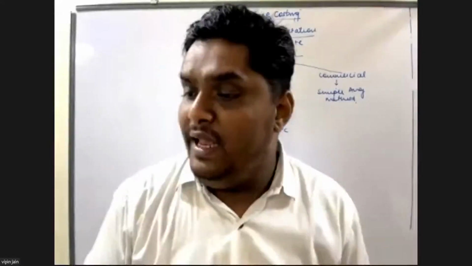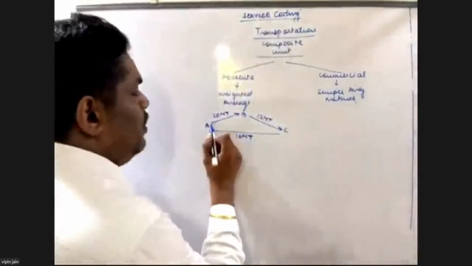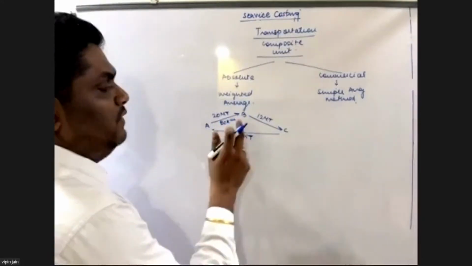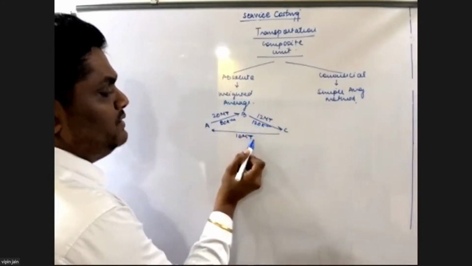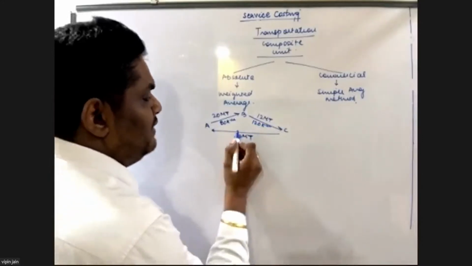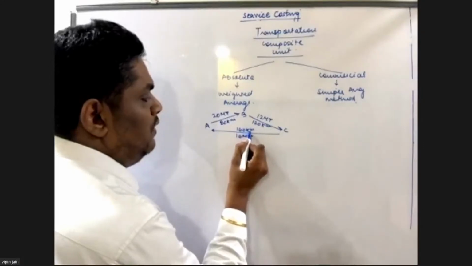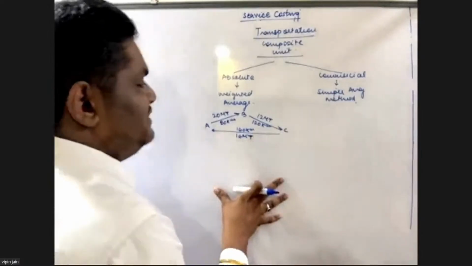The distance traveled from A to B is 80 kilometers, from B to C is 120 kilometers, and from C to A is 160 kilometers. So now my master chart is ready.